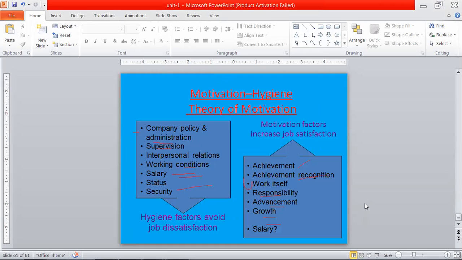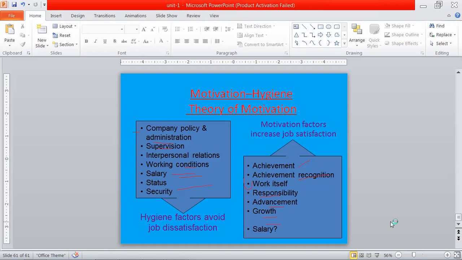From the motivation theory point of view, one should have the concept of encouraging people in a positive way whenever they are working under any circumstances.